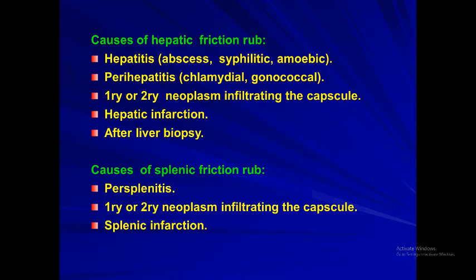Hepatic infarction occurs in myeloproliferative syndromes, polycythemia, chronic myeloid leukemia or essential thrombocytosis, and after liver biopsy may be transiently heard or auscultated. Causes of splenic friction rub: perisplenitis, primary or secondary neoplasm infiltrating the capsule of the spleen, or splenic infarction.